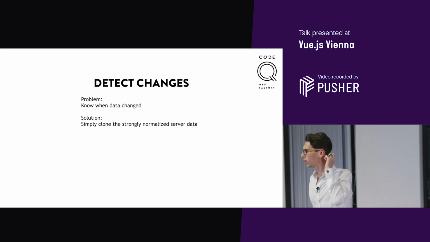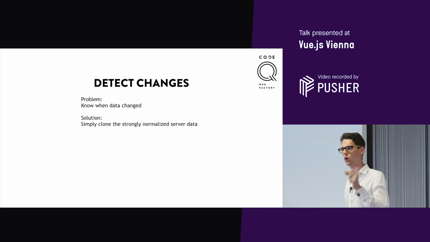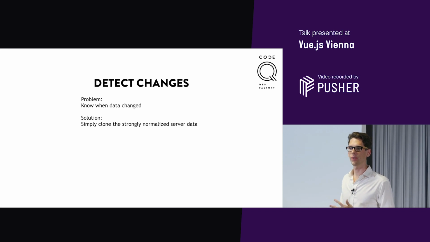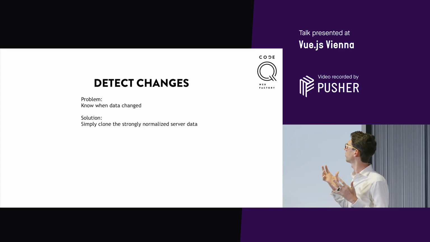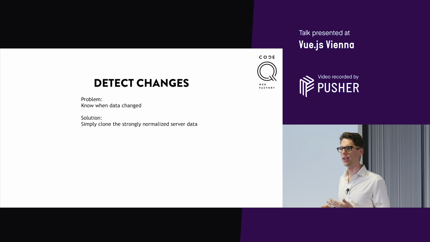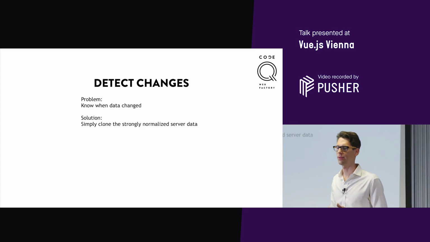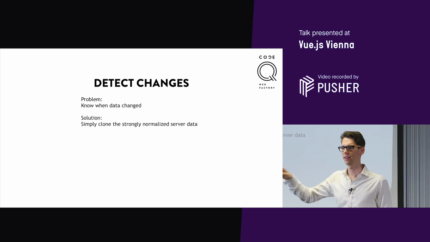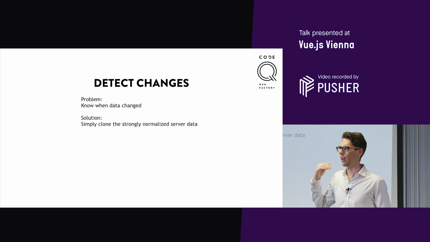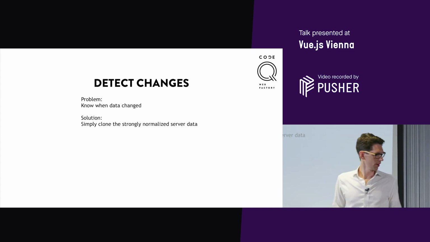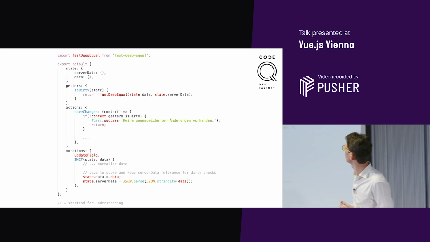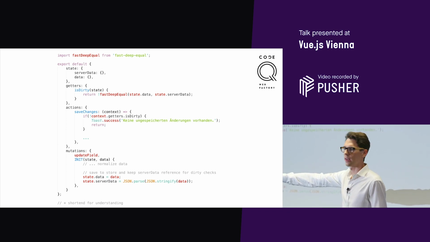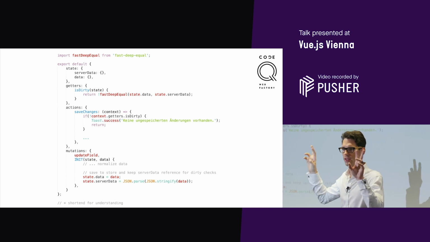Also, if we now know that the data is normalized to exactly the same format in my Vuex store, it's very easy to know if the user actually changed something. So I have 50 inputs on the field, the user types something, maybe removes it again, changes it around 5 times. And to check if it's dirty, it's just really simple, because when I first init the store, I'm just making a clone of the data and saving it as server data.